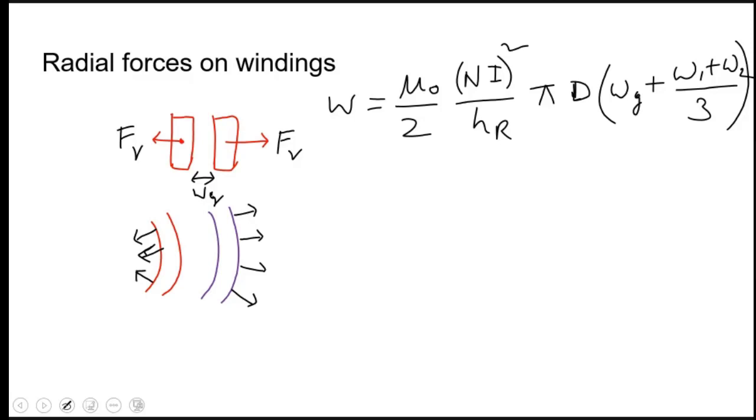Here, what are the variables, by the way? So WG, W1 and W2. In case it bursts, then what will happen to W1? What will happen to W2?